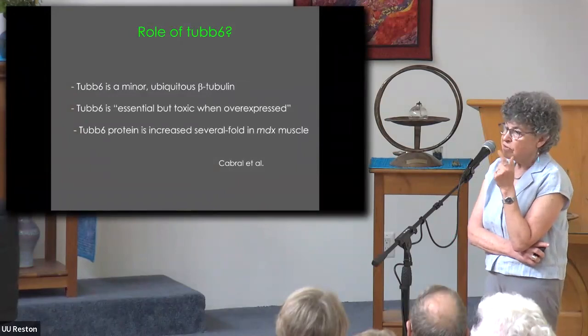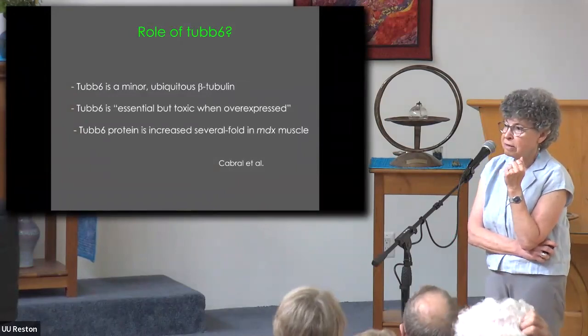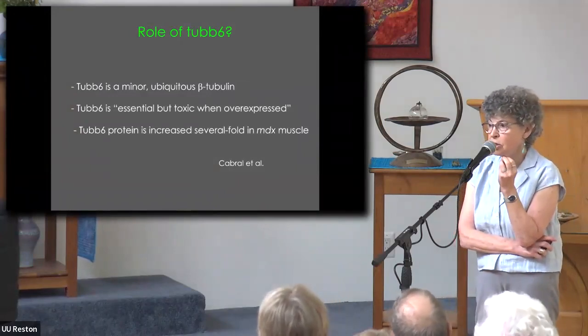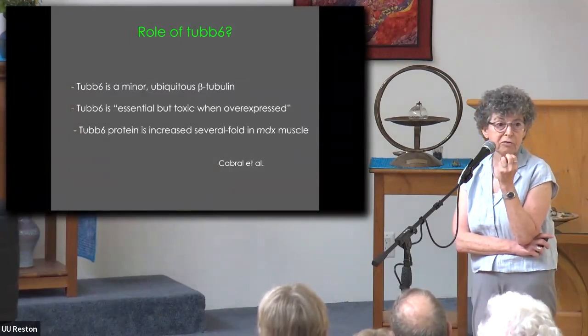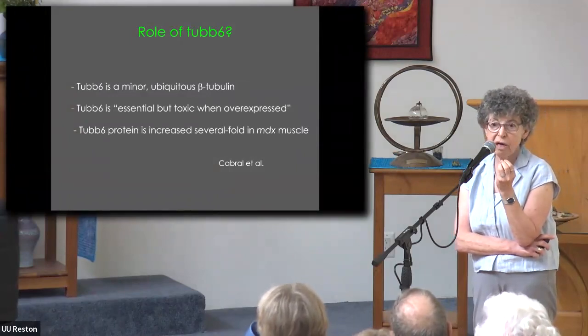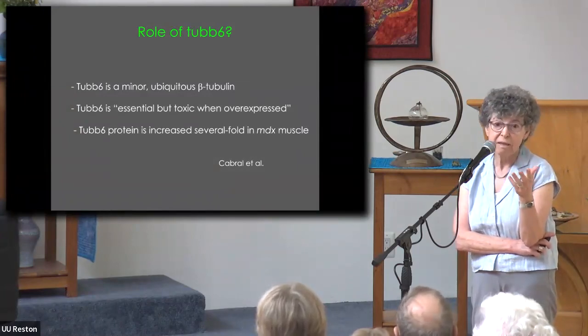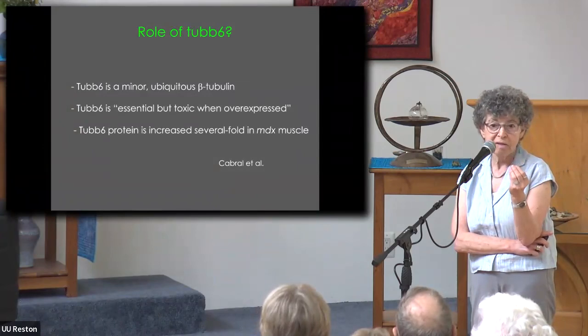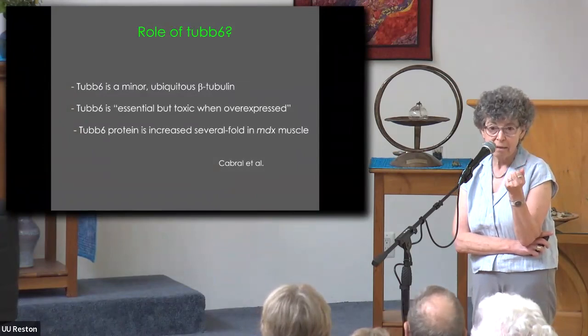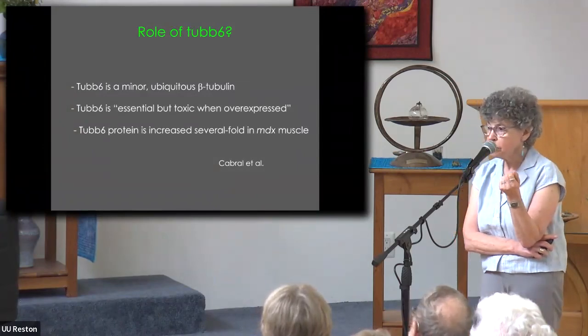But the second line is more important. He said that it's essential but toxic when overexpressed. So if instead of having just 10%, you have 20%, 30% of your tubulins being TUBB6, that may be bad for the microtubules.